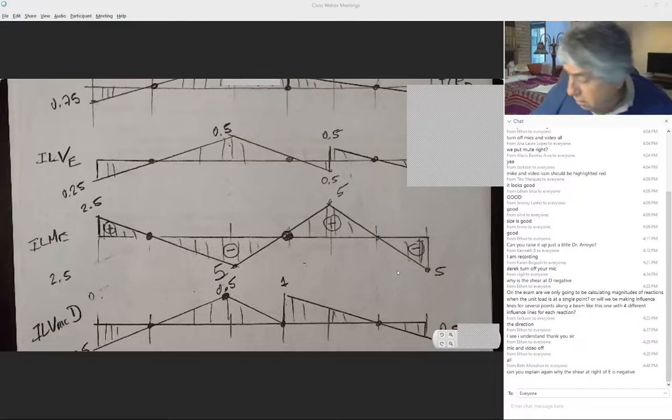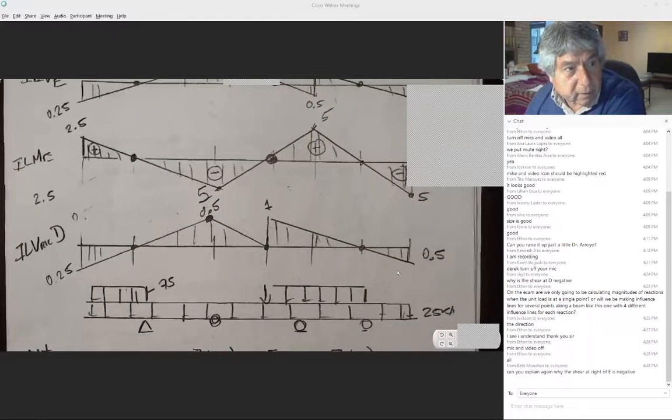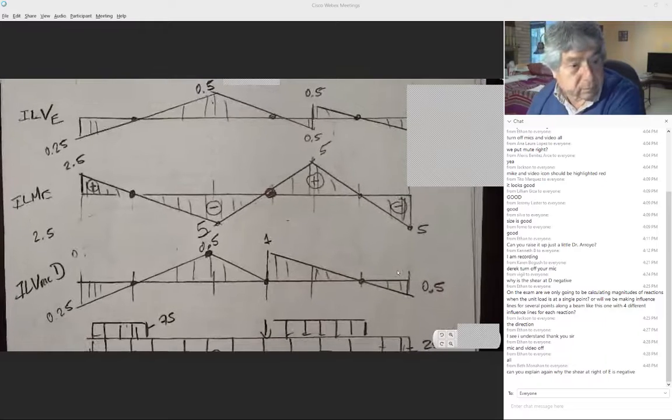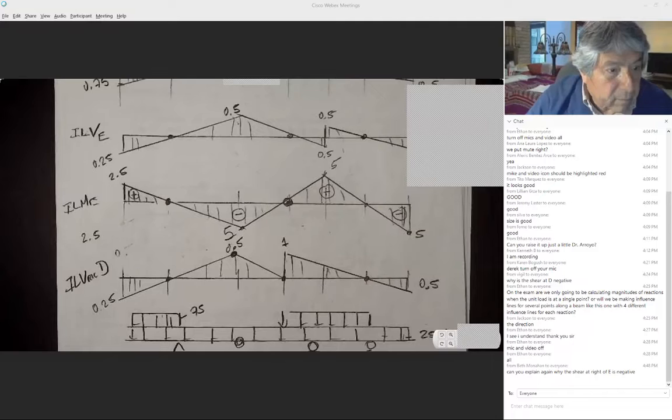So below on this page, look, I have the dead load all over my structure. Positive in here, only load on this side. Positive between these two points, I have a load on this side.